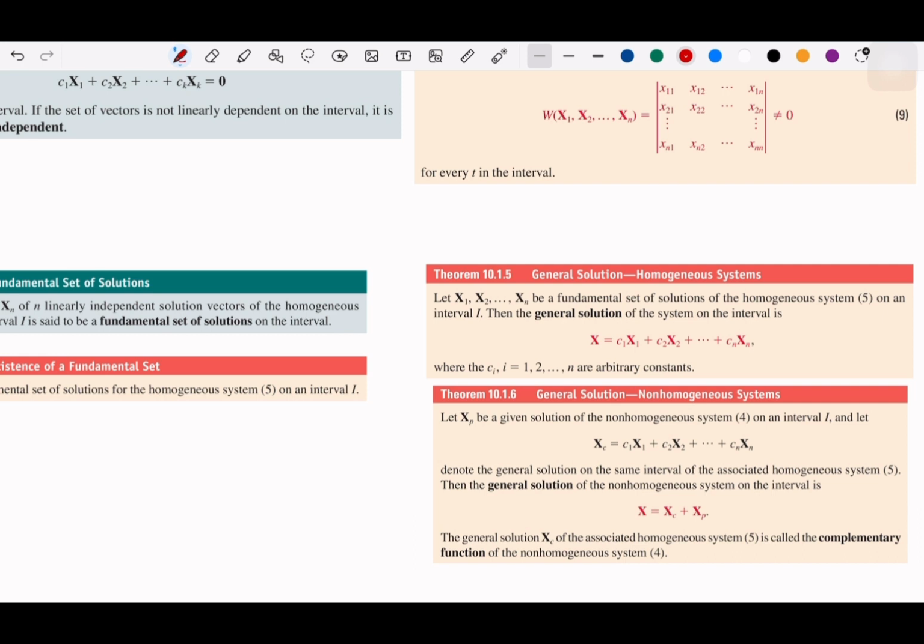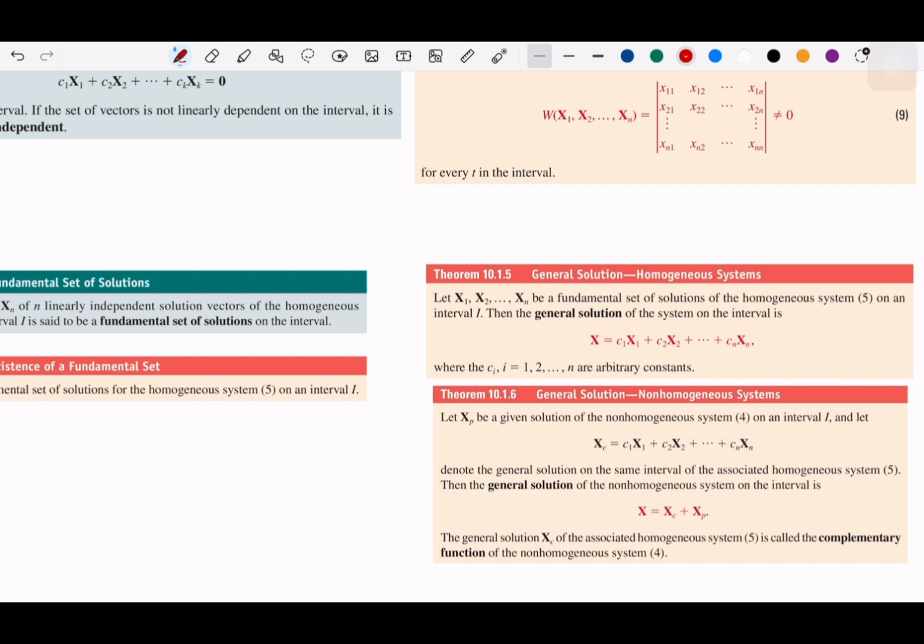For non-homogeneous, we still consider the homogeneous part, which we call the complementary. So the whole expected solution will be XC plus XP. Okay, this is what we are expecting. And by doing that, we are going to have some set of methods and conditions that we might have in differential equations.